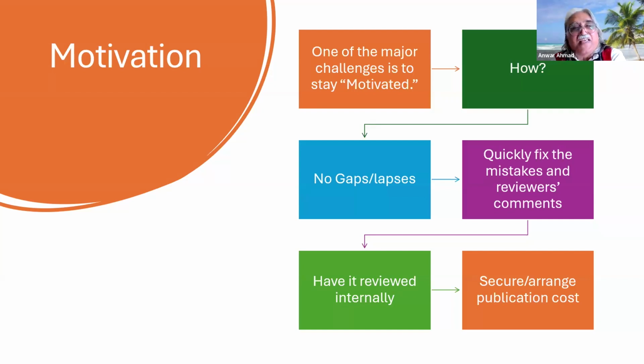But one of the things I find is that you should not let any lapses or any time gap occur in your publication process. Once you are on track, once you have a basic manuscript developed, try to get it published as quickly as possible.